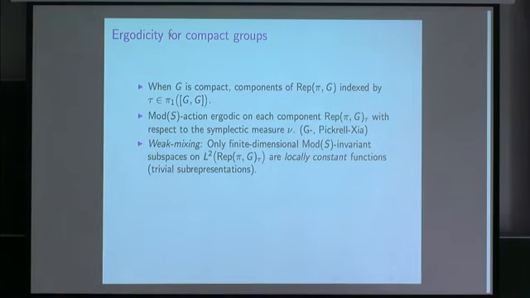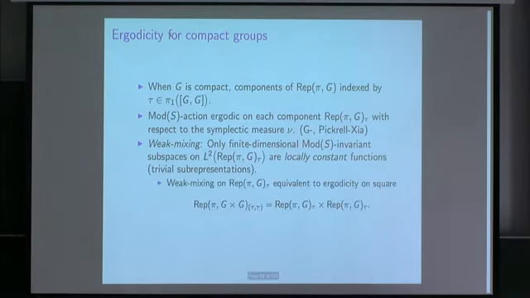This gives rise to a unitary representation on the L2 functions on the representation variety. This is something I learned from David Fisher: the only finite dimensional invariant subspaces are the constants, and this is the condition of weak mixing.